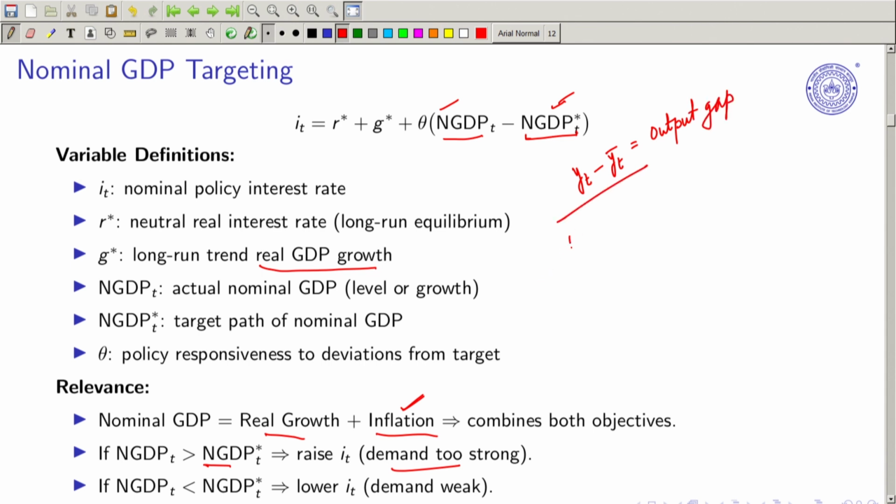And if you are saying that when my NGDPT is greater than NGDPT star, then what it implies is that it raises the interest rate, right? Which means that this creates some kind of overheating scenario.